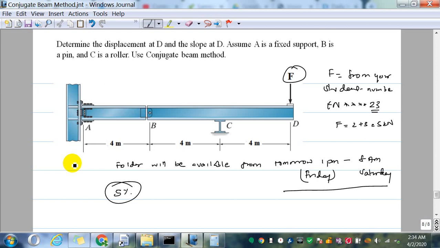The problem will be available to you from tomorrow morning onwards, so you can work it out and upload using the conjugate beam method.